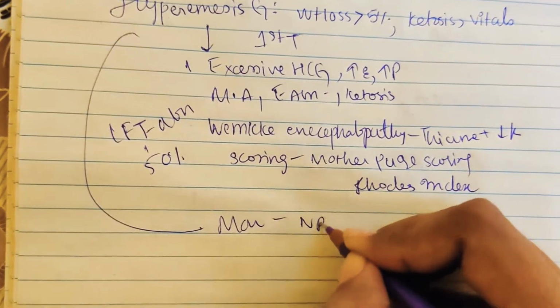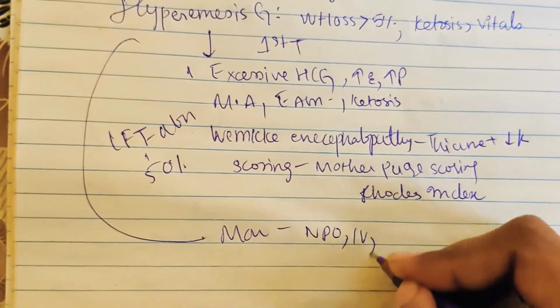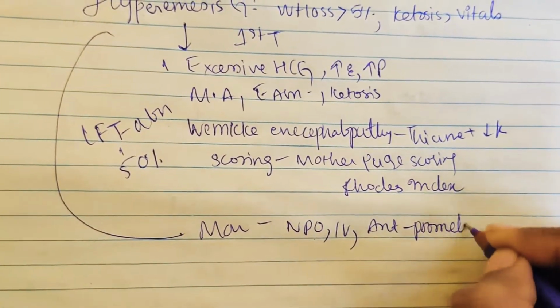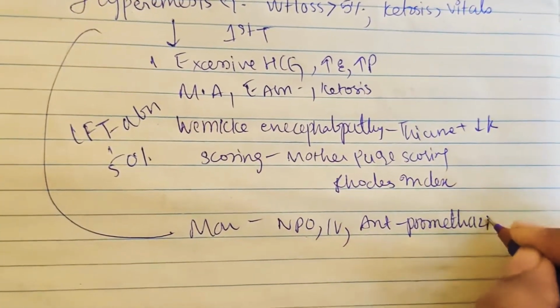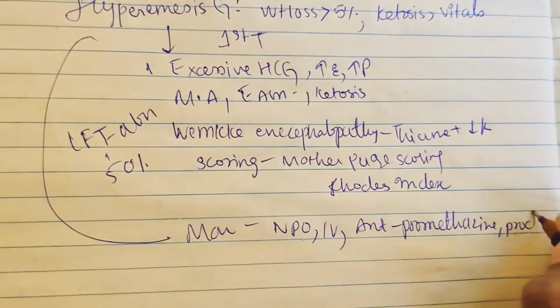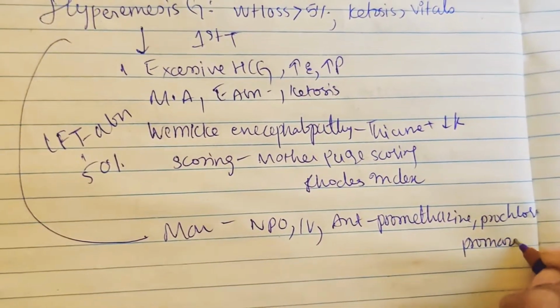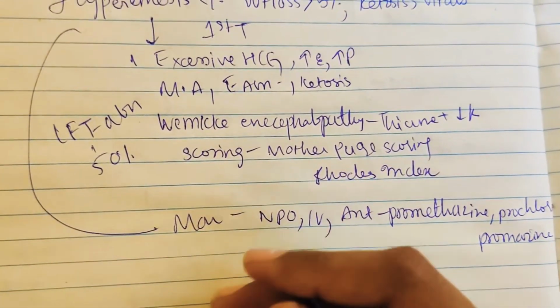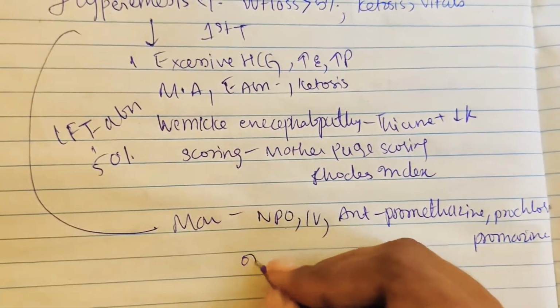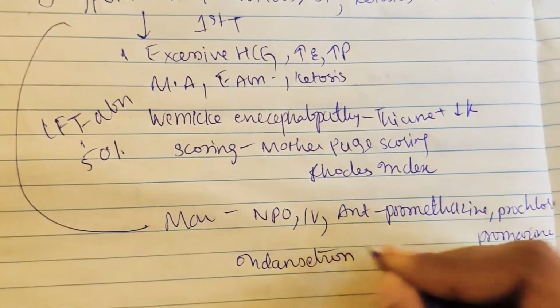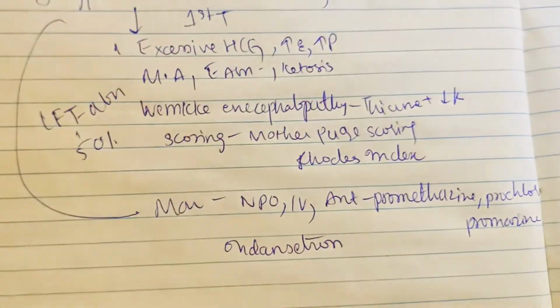The management is NPO, give IV fluids, use antihistamines like promethazine, prochlorperazine, a dopamine antagonist like metoclopramide, and the last drug is ondansetron. These drugs are used in the management of this condition.